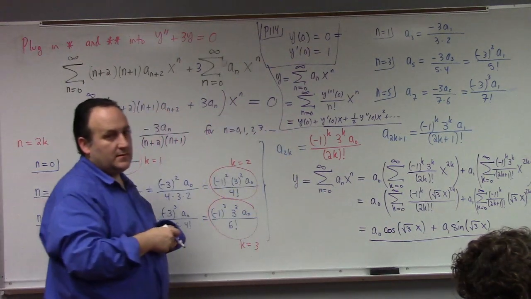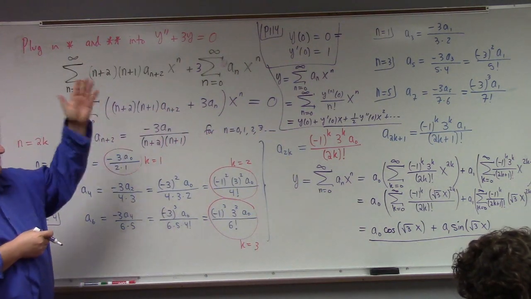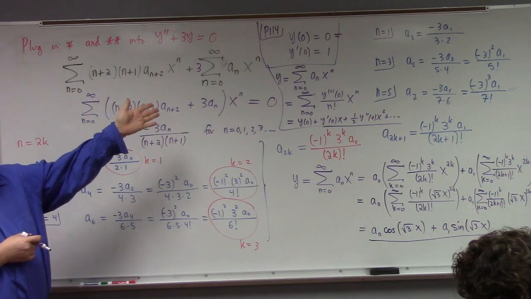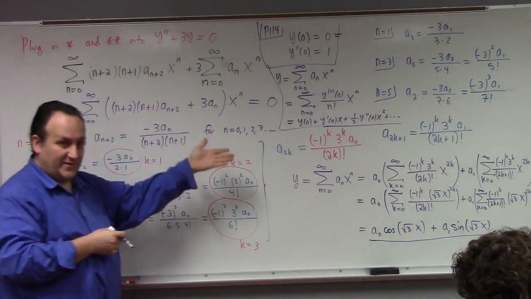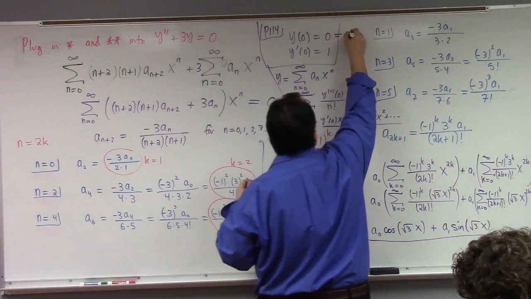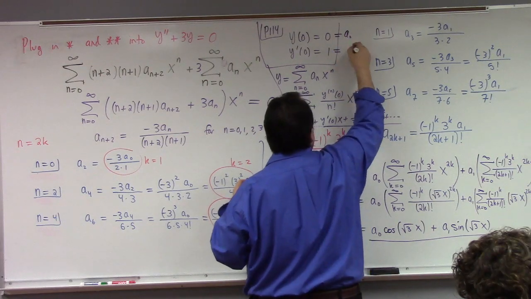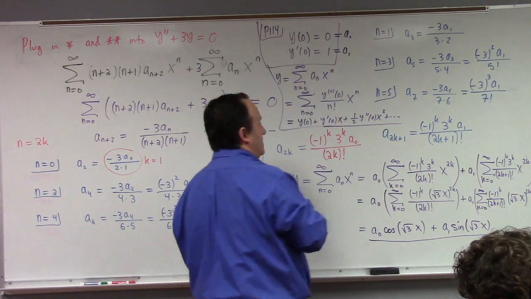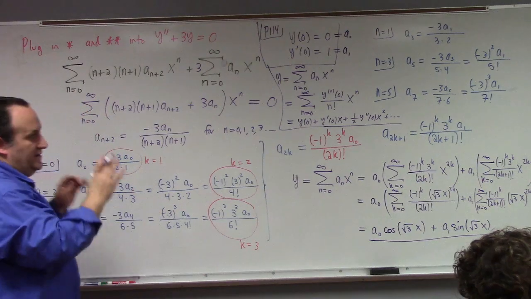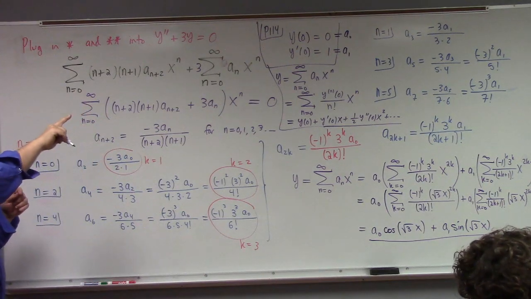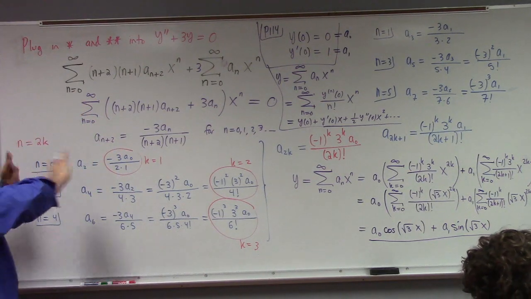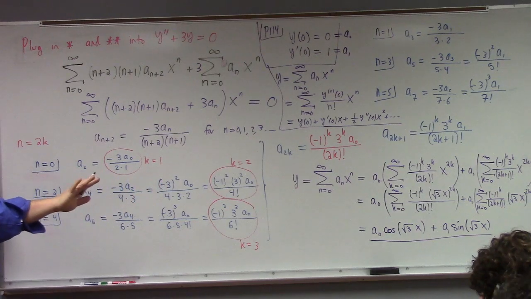If you look at that, we have the initial conditions y of 0 is 0, so a sub 0 is 0, and a sub 1 is just 1. So if you impose those initial conditions at the start of your calculation, half of the calculation goes away.